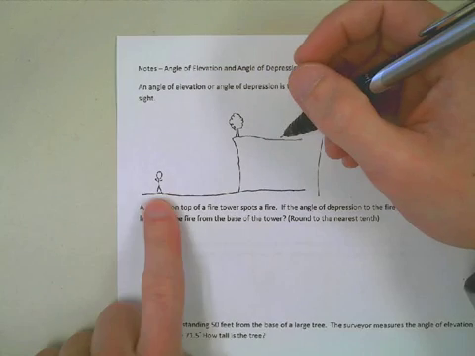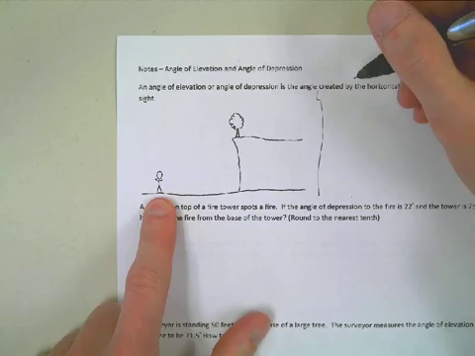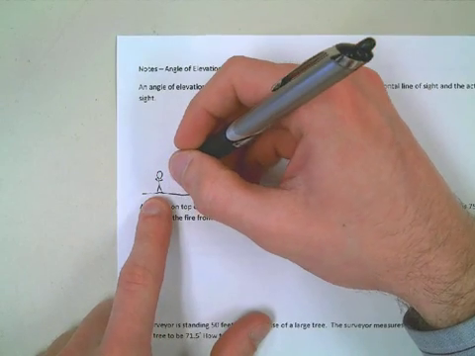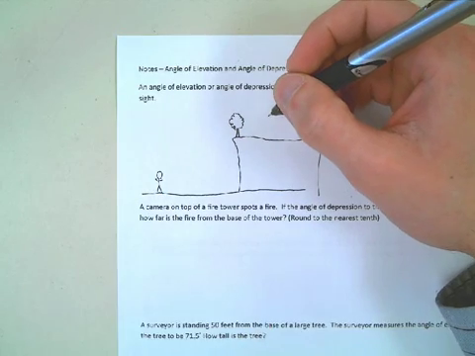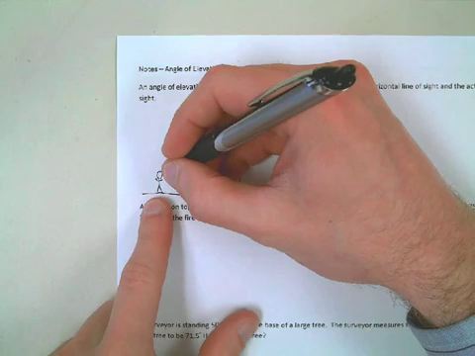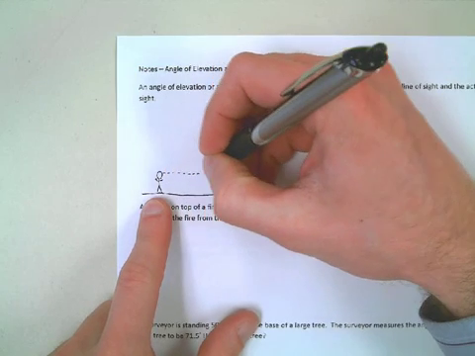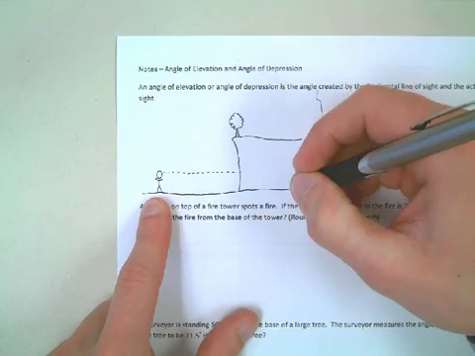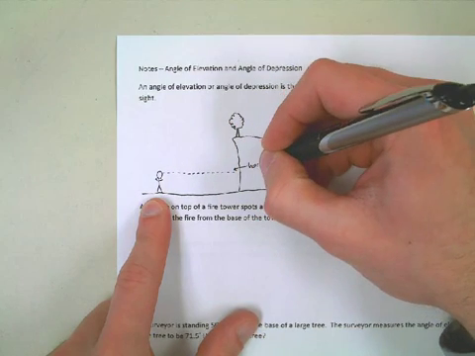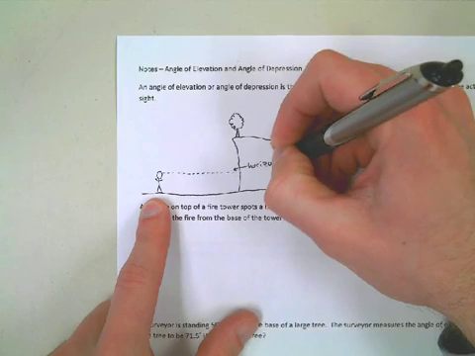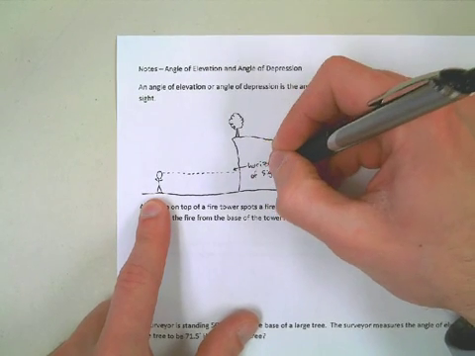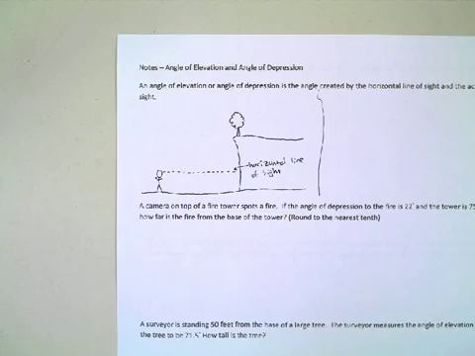Since this is our person, we're going to say this is our observer, and so we draw from our observer a horizontal line of sight. So there's the horizontal line of sight. Setting up these problems is half of the battle here, so you need to be able to draw accurately.